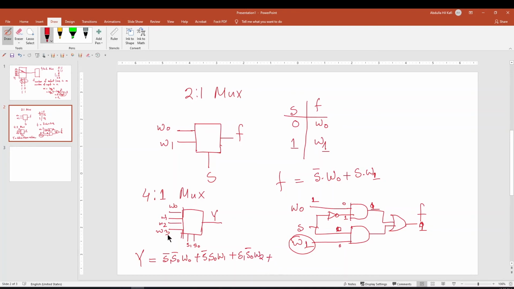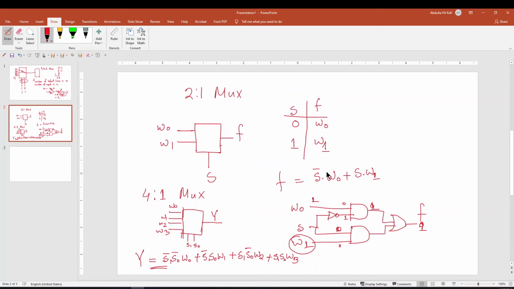And for this case, both are 1. So this is the function for a 4 to 1 mux.